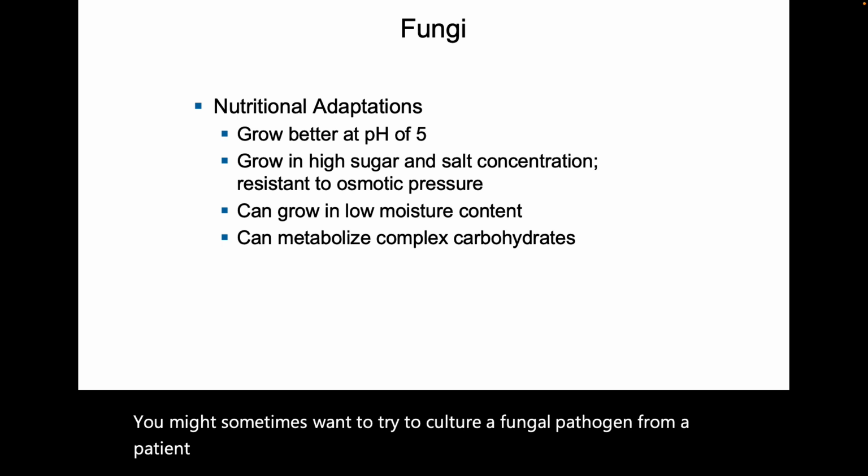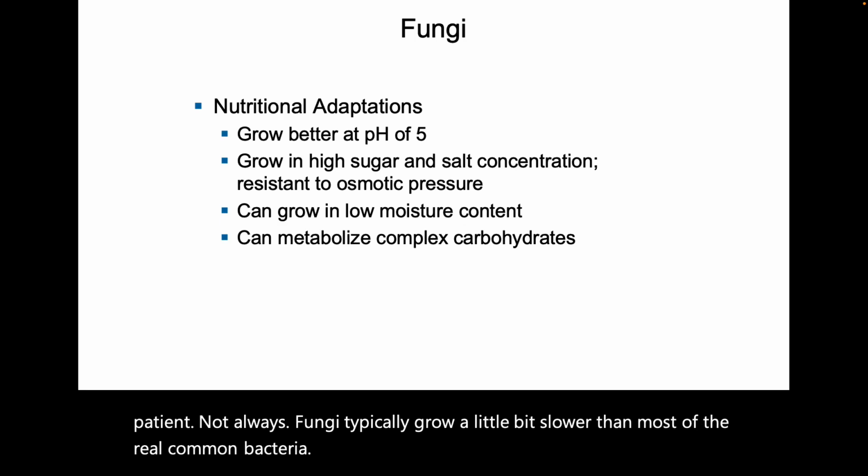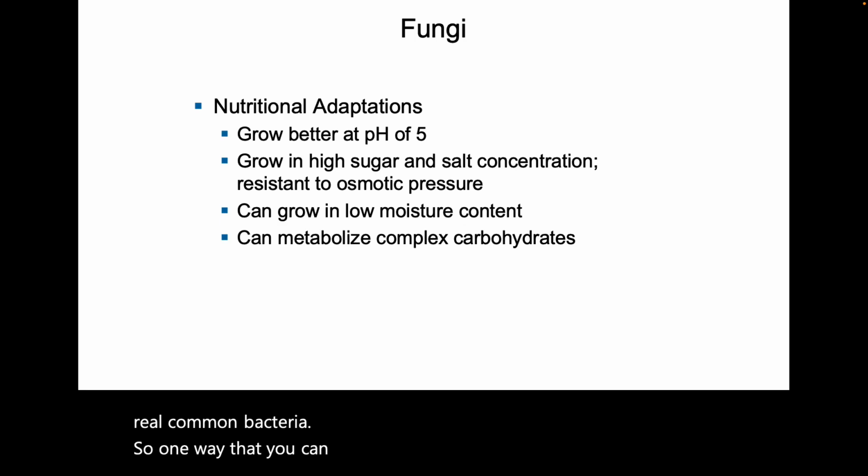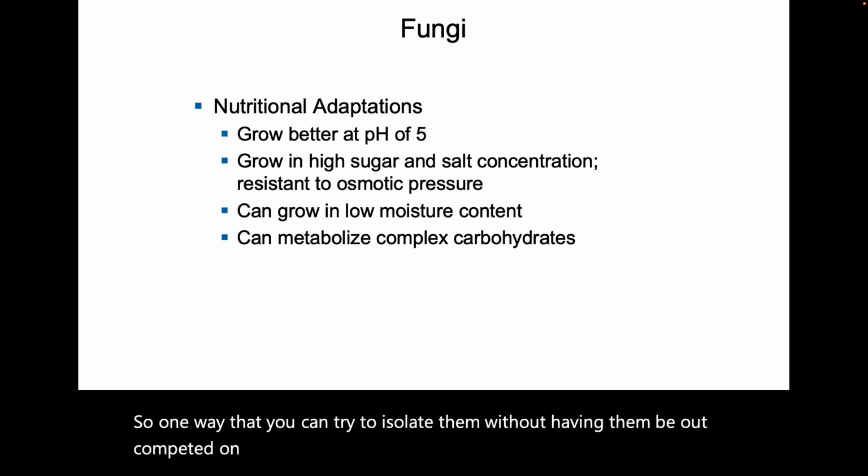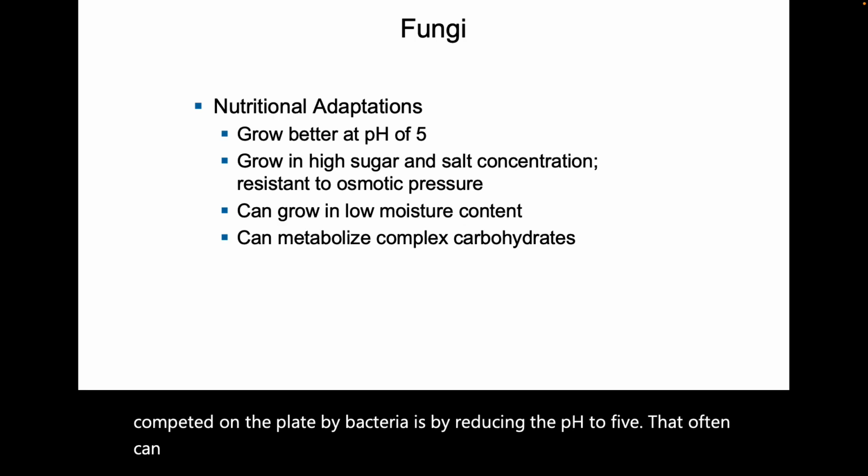Fungi typically grow a little bit slower than most of the real common bacteria. So one way that you can try to isolate them without having them be outcompeted on the plate by bacteria is by reducing the pH to 5. That often can inhibit some of the common bacteria that might be in the same environment.